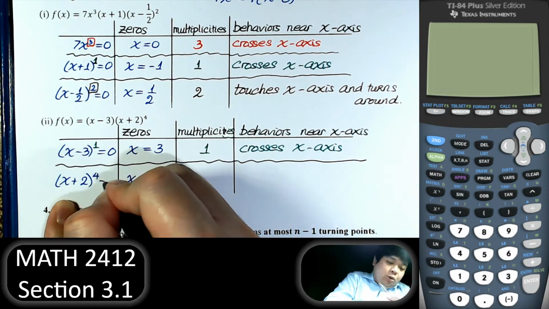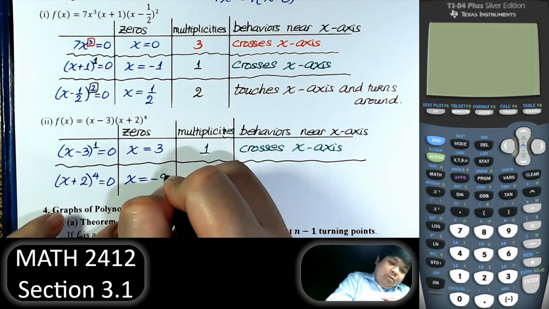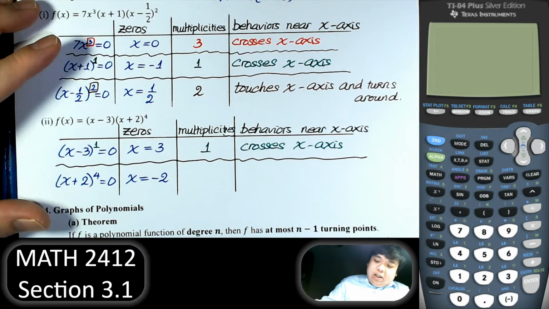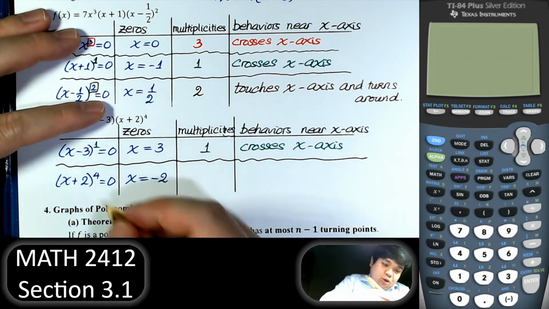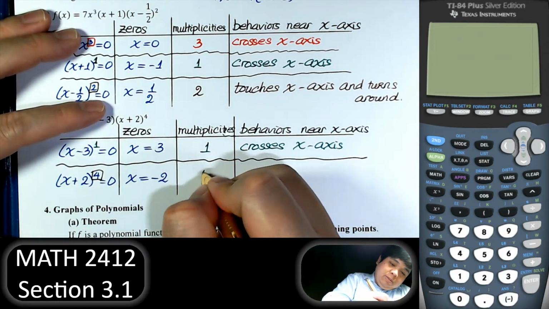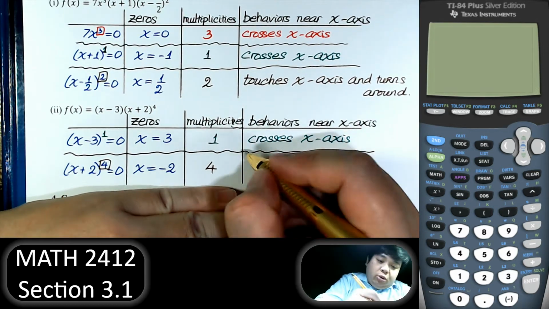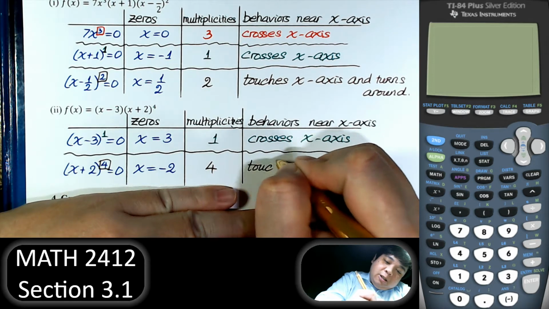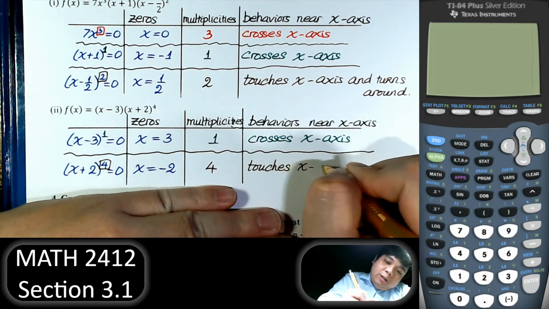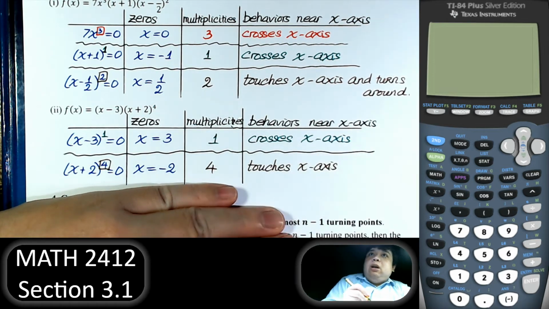We make that equal to 0, so x equals negative 2. This is multiplicity of 4, so if it is an even number, it will touch the x-axis and turn around.